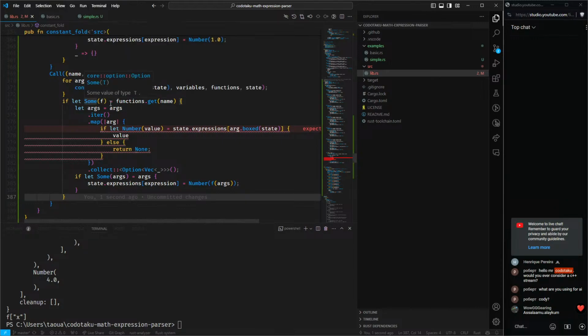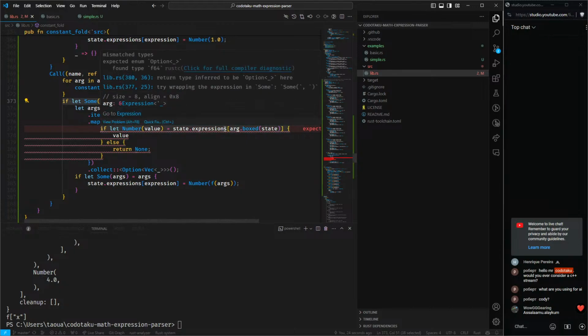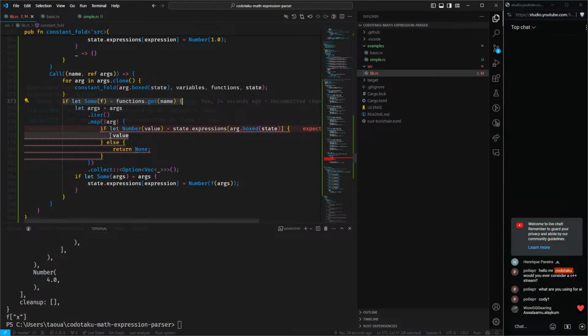Well, let's see, if let Some f equal to functions get name. Yeah, if we find the name of that function there. Actually, instead of going through the arguments, first of all, let's see if we have the f. Because if we don't have it, this is pointless, right? Then arguments iter map if let number... collect option.